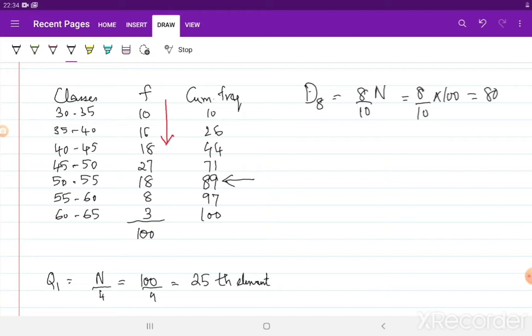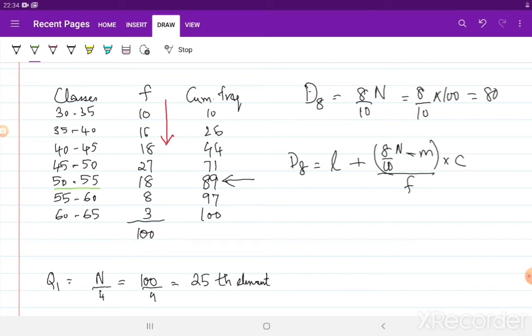So my D8 class will be 50 to 55. The formula for finding the value of D8 will be something like this: the lower limit L plus 8/10 times n minus m whole divided by f into c, right?